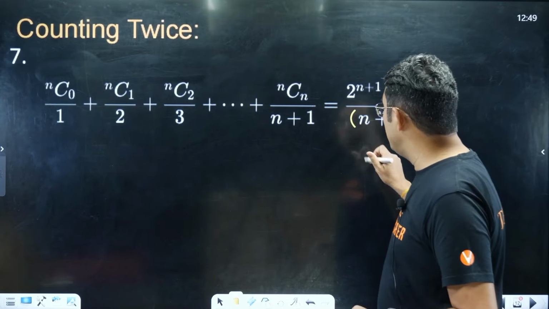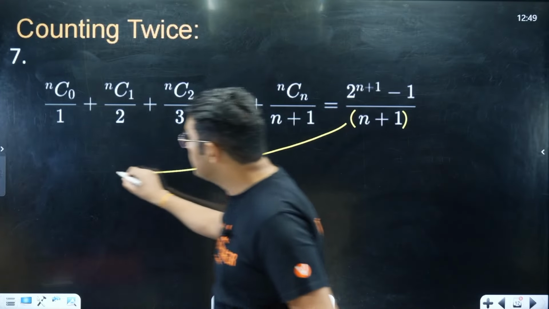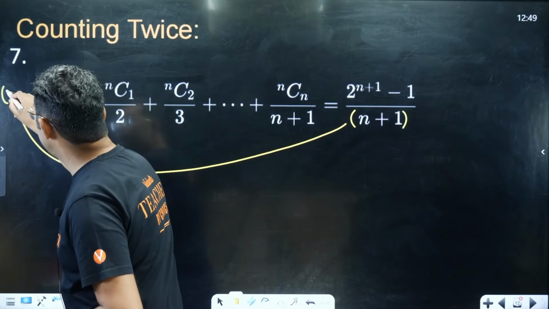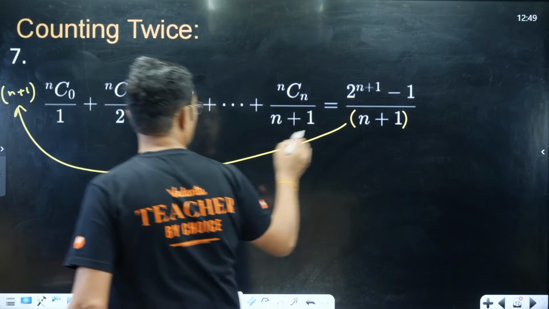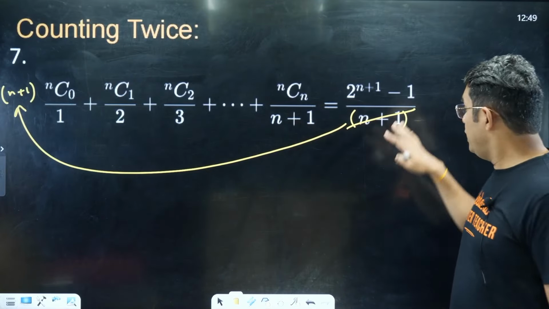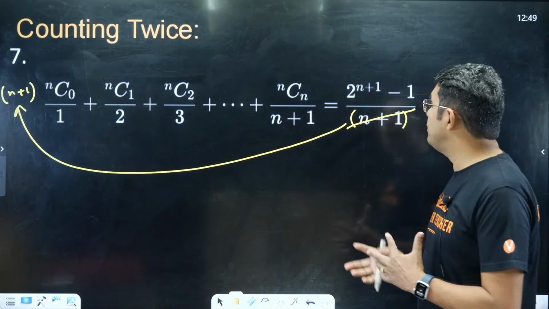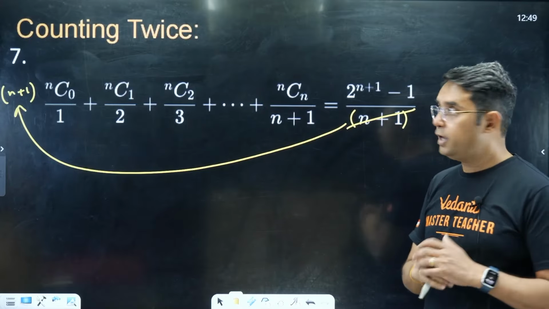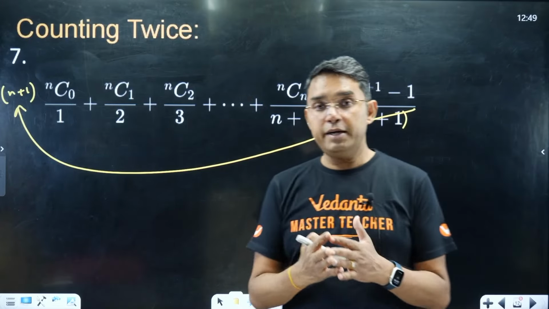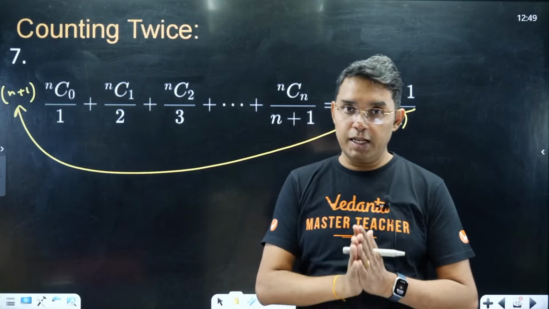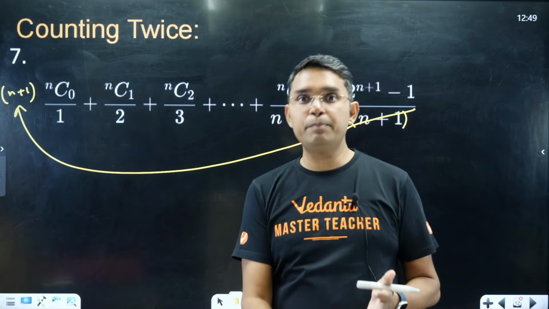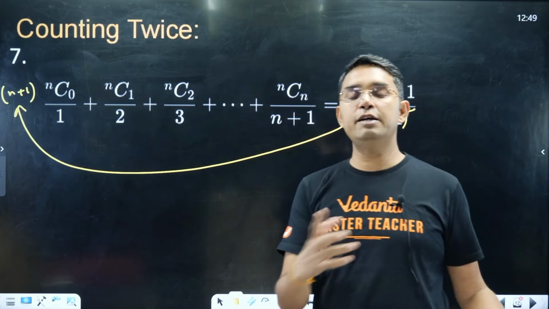So here what I will do, I will take this n plus 1 this side, getting multiplied here. So this is not here now. Now if it is not here, it is multiplied here. You can see your right hand side is 2 power n plus 1 minus 1. Okay, which tells you it is actually the number of ways of selecting at least one person from n plus 1 different persons.